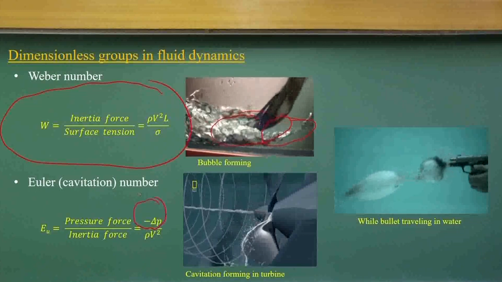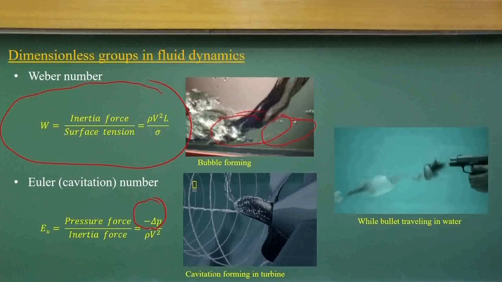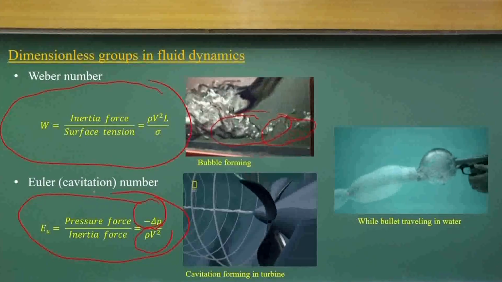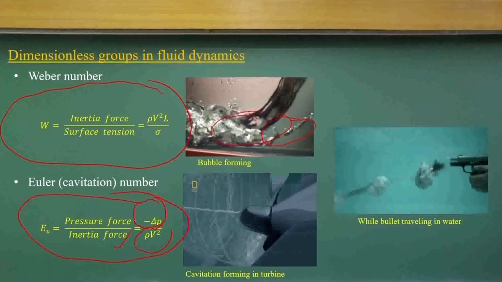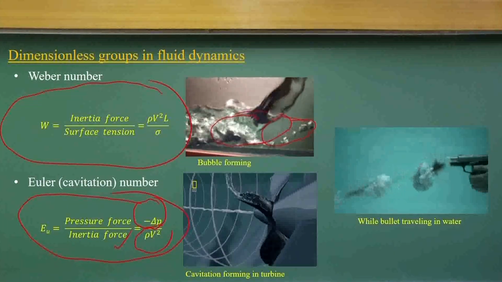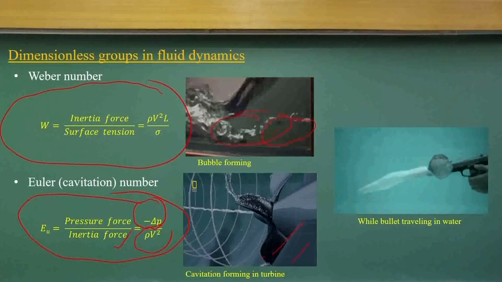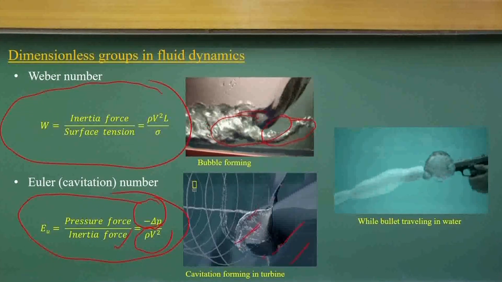The change in the pressure: the more the change in pressure, the more likelihood of cavitation. Divided by the inertia force, this is defined as the Euler number or cavitation number. Remember, in the Euler number the inertia force is in the denominator, as compared to the other numbers. So we have four numbers: the Reynolds number, the flow Froude number, the Weber number and the Euler number or cavitation number, which happens when a turbine is moving. We can see that there is a chance of cavitation formation near this turbine blade.